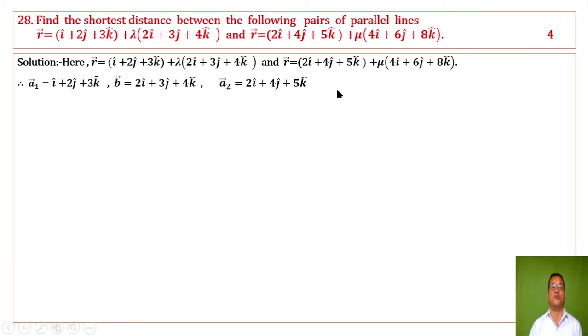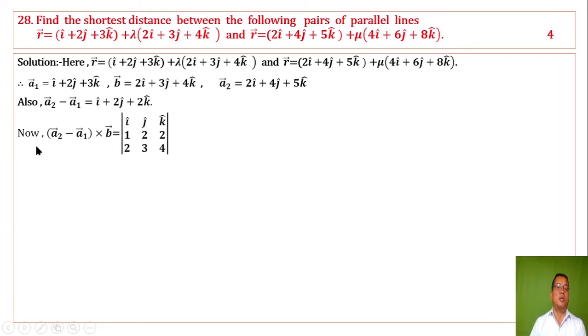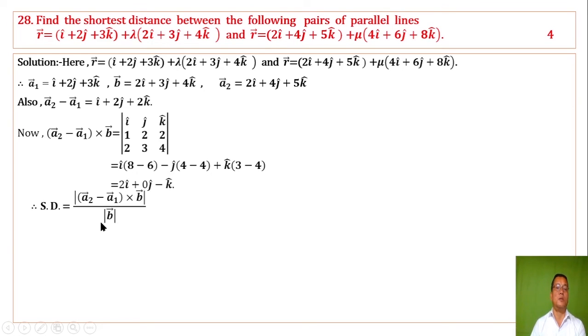These two are the same, which is replaced by B. Also A2 vector minus A1 vector, we have this. Now A2 vector minus A1 vector cross B vector, using this determinant and expanding in the first row, we get this. Therefore, shortest distance, using this formula, putting their respective values, we have square root of 5 by 29.